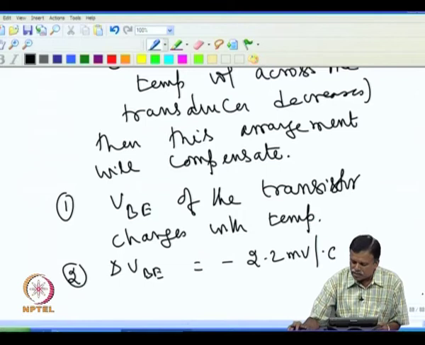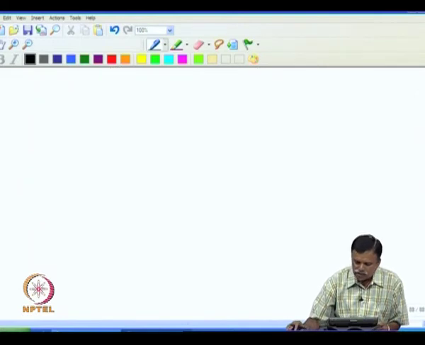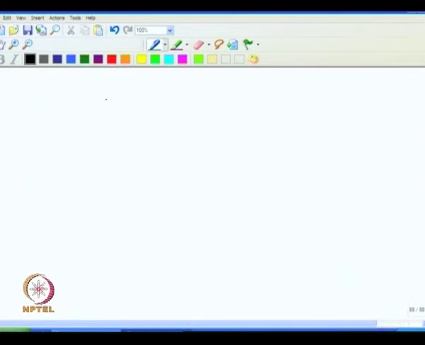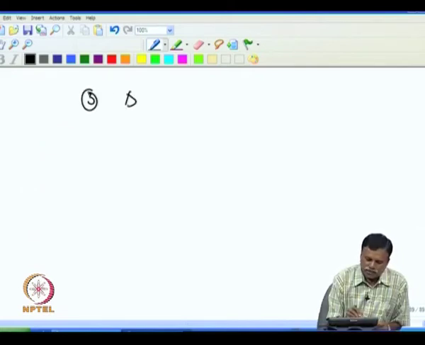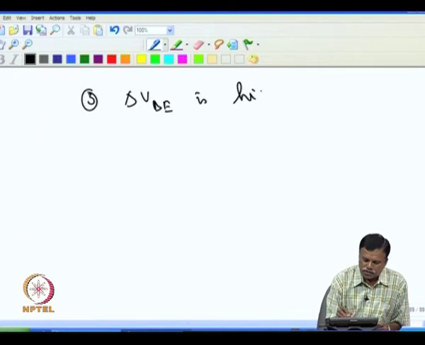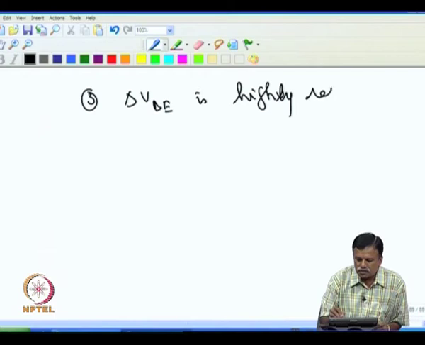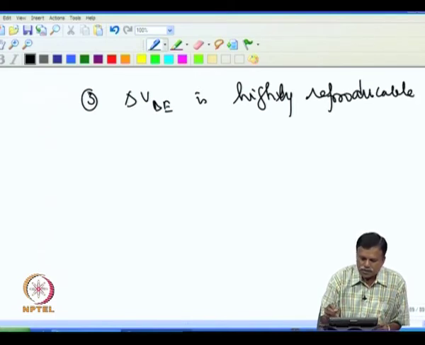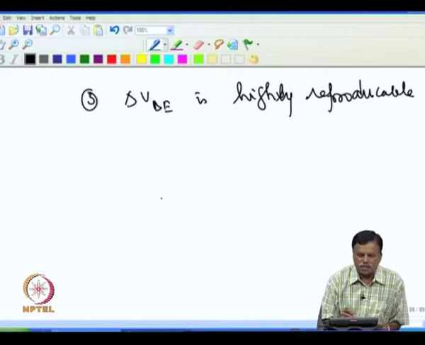With transistors they do not change. The third point is that delta VBE is highly reproducible, so one will get a repeatable result.